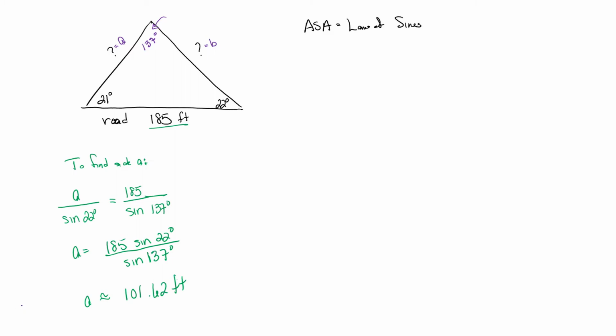All right, now to find side B. Do you think we're going to do it any differently than we did A? Nope, pretty much the same. I'm going to take the side B and I'm going to divide it by the sine of 21 degrees, because 21 degrees is the angle opposite side B. And that's going to equal the 185 feet over the sine of 137 degrees.